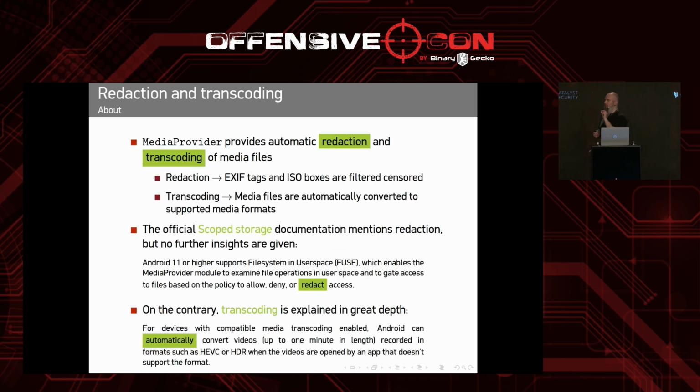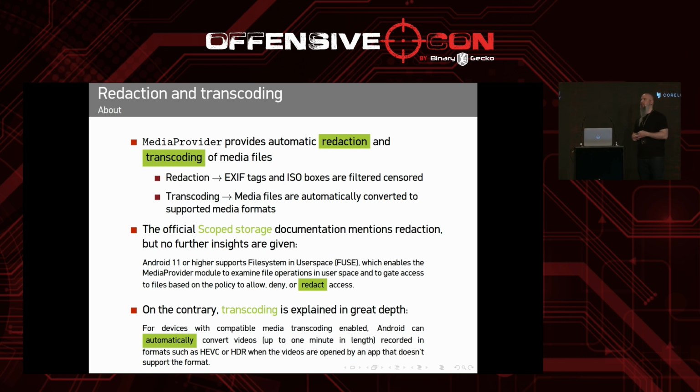Now, there are two features of the media provider process which are not very famous. One is the reduction capability, and the other is the transcoding capability. Reduction means that the media provider can optionally filter out sensitive data from media files, like EXIF tags holding location information, and the corresponding ISO boxes in media formats that are composed of ISO boxes, like MP4, for example.